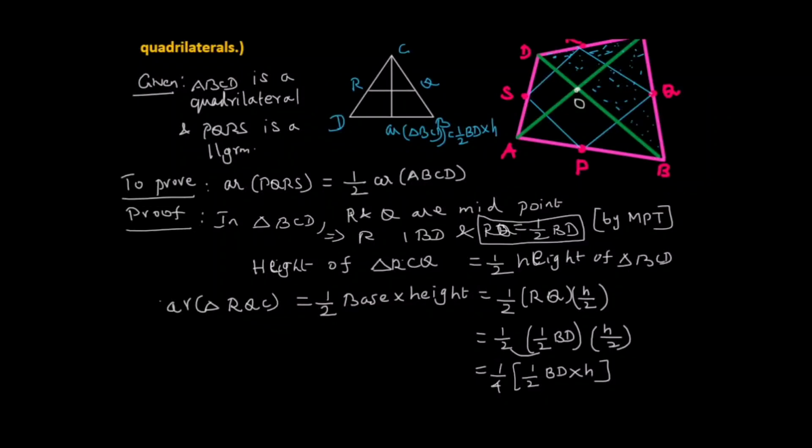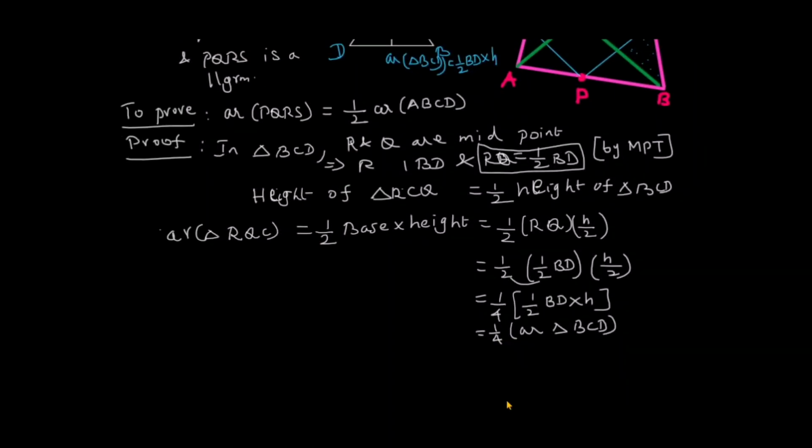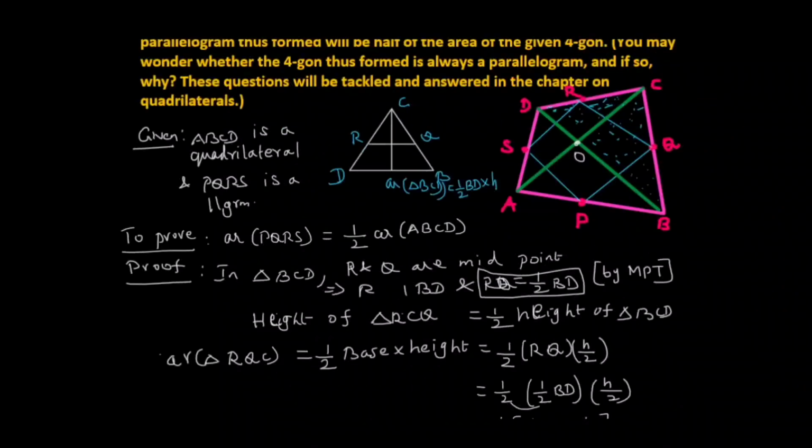That is 1 by 4 of the area of triangle BCD. So the area of triangle RQC is 1 by 4 the area of triangle BCD.